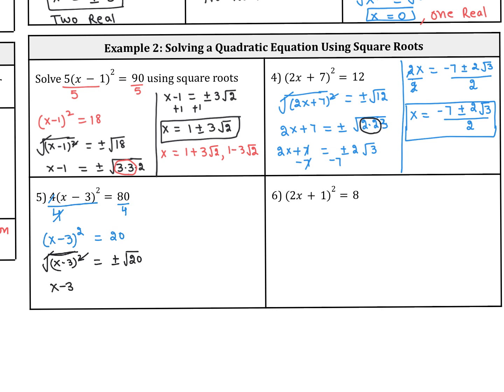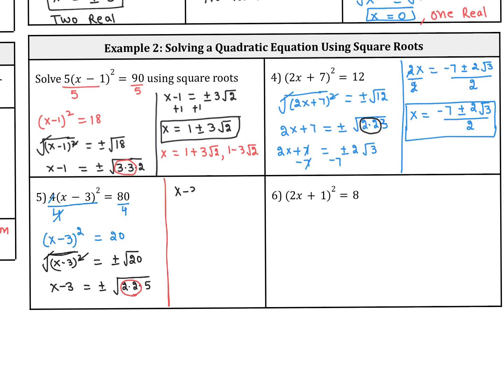X minus 3 equals plus or minus, and you can break this 20 down as 2 times 2 times 5, which are the prime factors of 20. Make a pair because 2 and 2 makes a pair. And now take out one number from each pair.